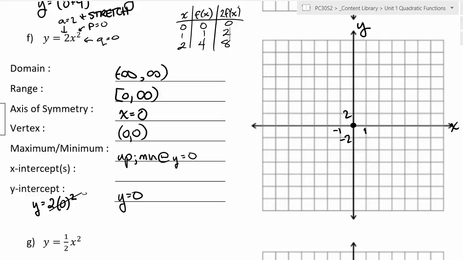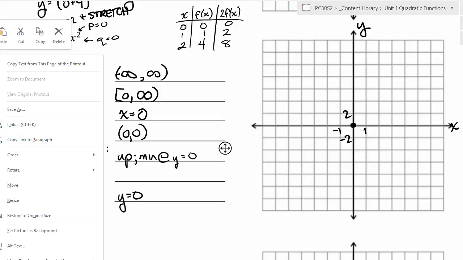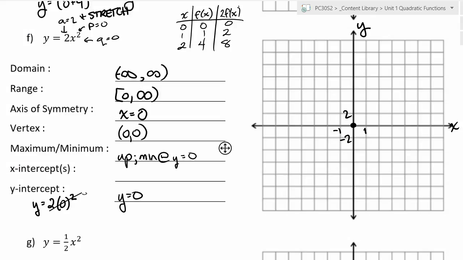So when over 1, I would go up 2. Over 2 up, not 4, but 8. If I went over 3, I'd have to go up not 9, but 18. So I'm already off my graph again.